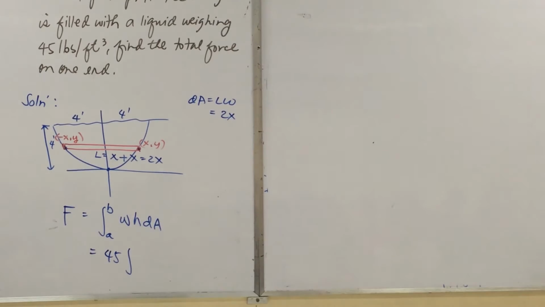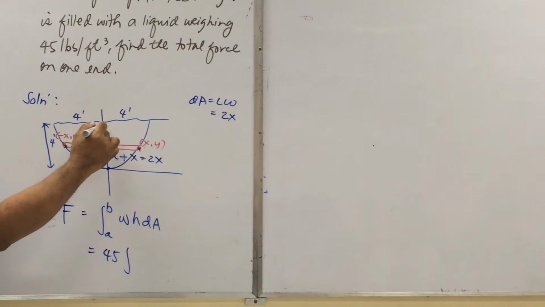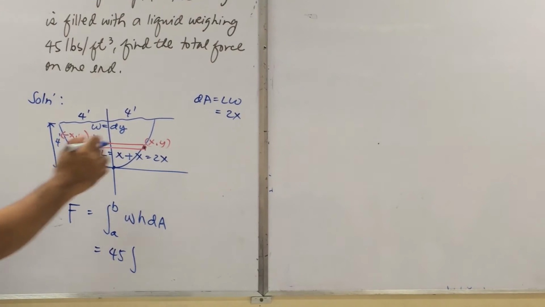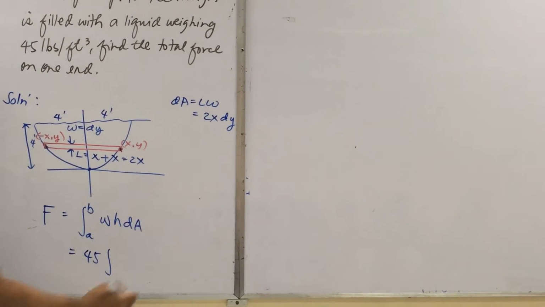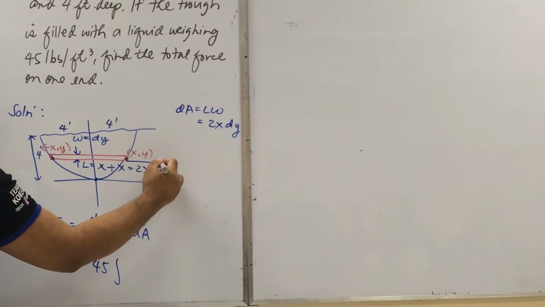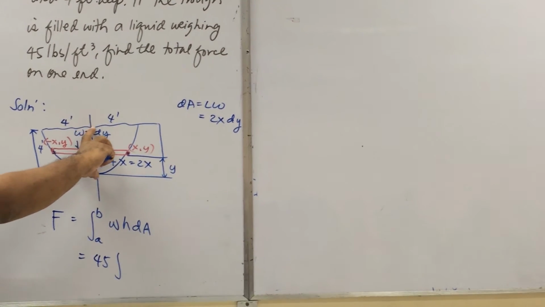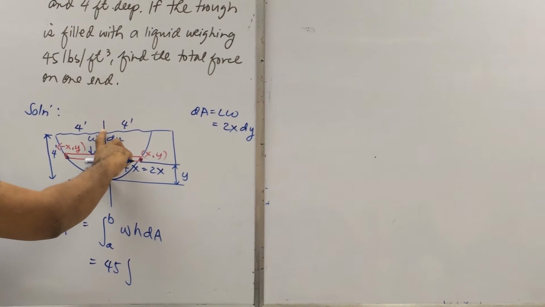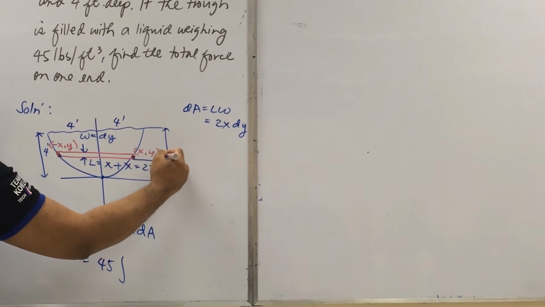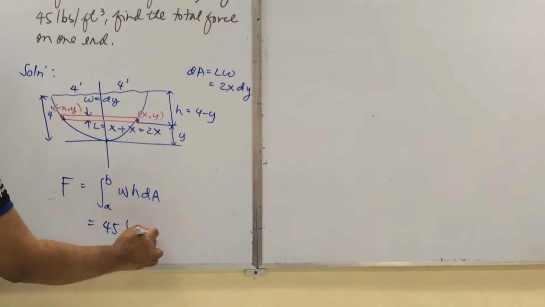What about now the width? The width is again represented by this strip, which, since it is perpendicular to the y-axis, is dy. What about the height now? For the displacement, since we have this as y, and the depth of the parabolic segment is 4 feet, we have h equals 4 minus y.